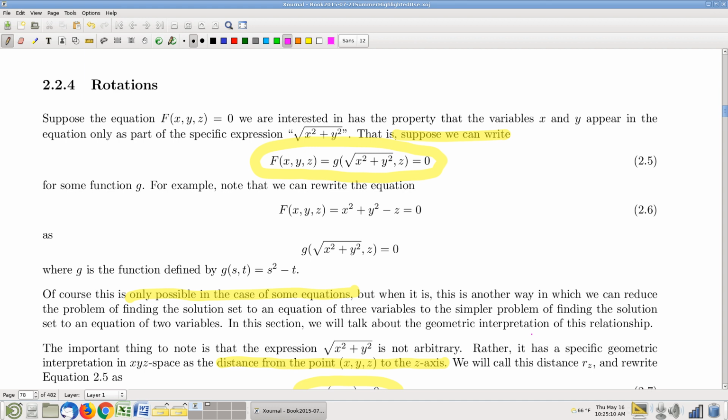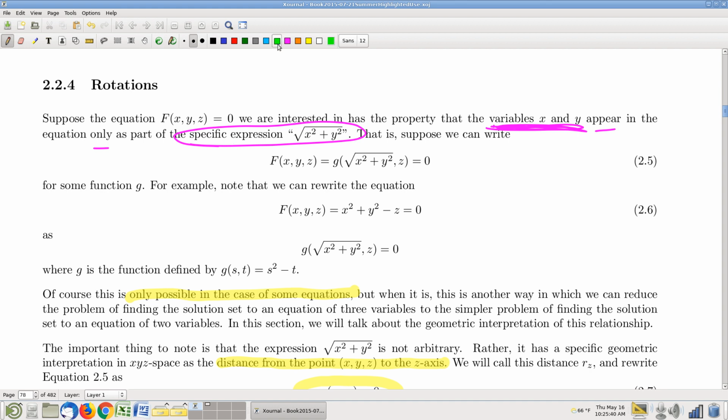Here's what we're interested in, and that is the tip-off that you have a symmetry. We're going to start off with symmetry around the z-axis. If in your equation you notice that x and y appear only as part of this form, square root of x squared plus y squared, that's your tip-off. Here's an example.